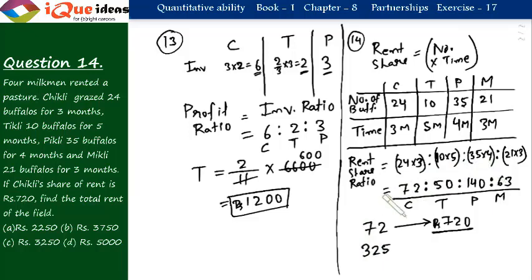Add all the values in the ratio. Chikli's share was 72 out of a total of 325. 72 stands for 720, so 325 will be, you can apply the unitary method, 720 into 325 divided by 72. As you can see, it is straight away 10 times. So it is 3250 rupees is the total rent. So the total rent of this pasture is 3250 rupees.